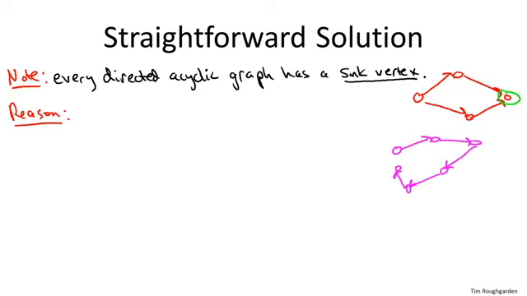Well, there's a finite number of vertices, right? This graph has, say, n vertices. So if we follow n arcs, we're going to see n plus 1 vertices. By the pigeonhole principle, we're going to have to see a repeat. There are only n distinct vertices, so we're going to see some vertex twice. For example, maybe after I take the outgoing arc from this vertex, I get back to this one that I saw previously.